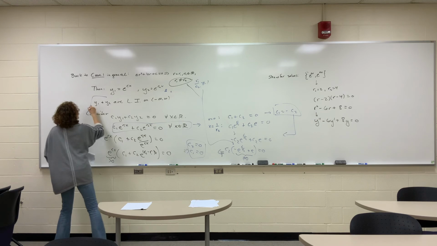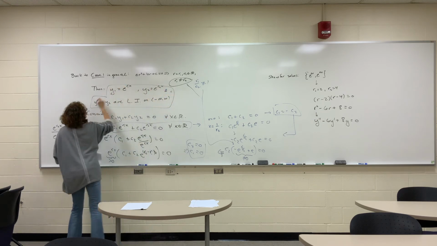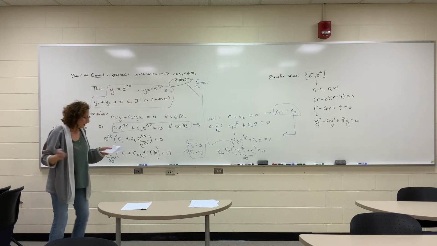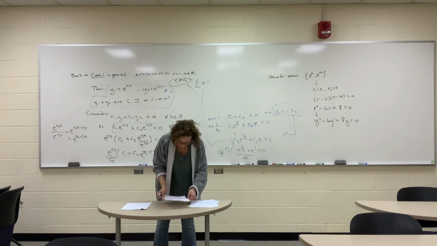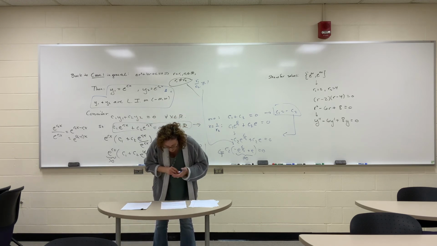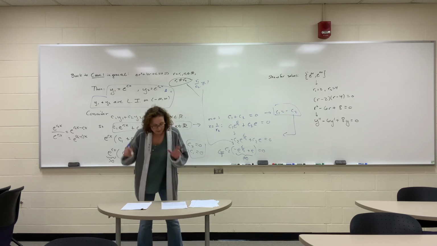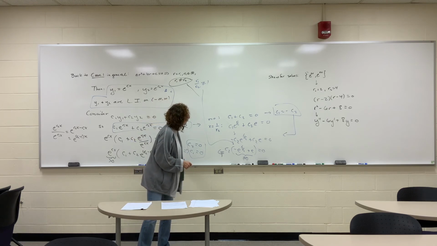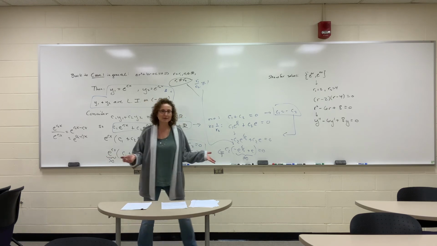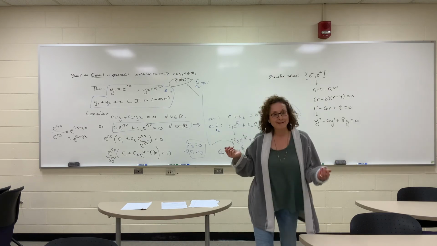There we go. Therefore, y1 and y2 are linearly independent. And we now can rest a little more easily about our general solution in case 1. As we said, what about case 2 and case 3? Stay tuned.